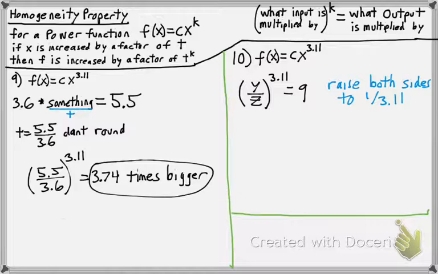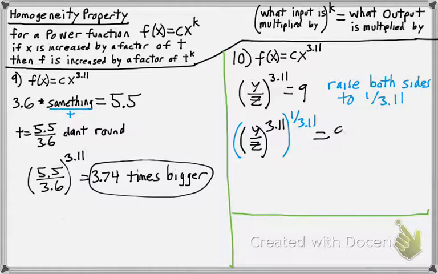So if we do that, raise that to the 1 over 3.11, and that's equal to 9 raised to the 1 over 3.11.